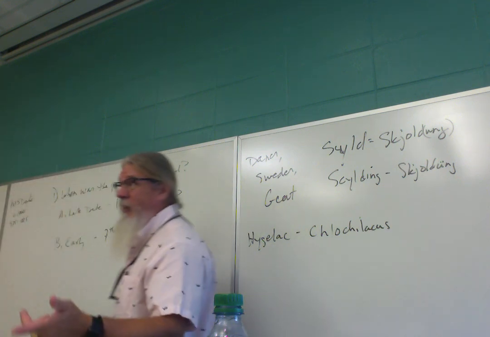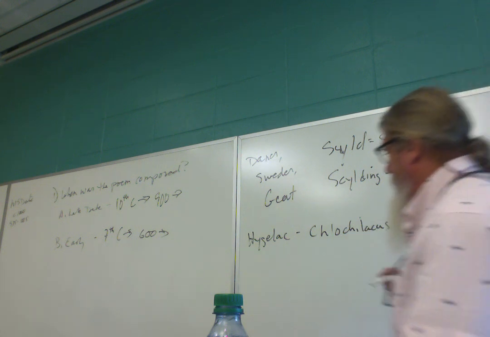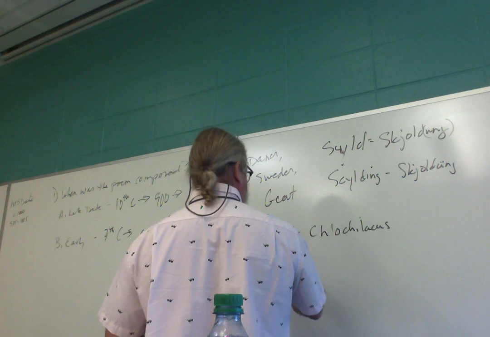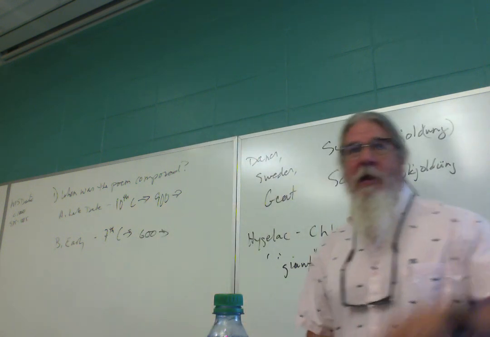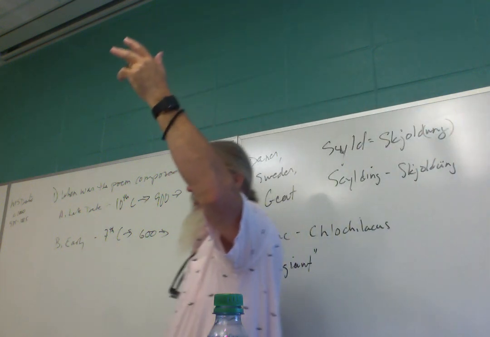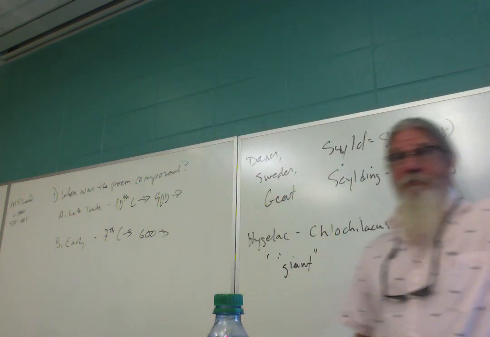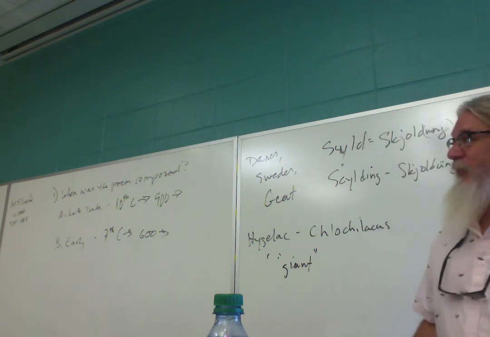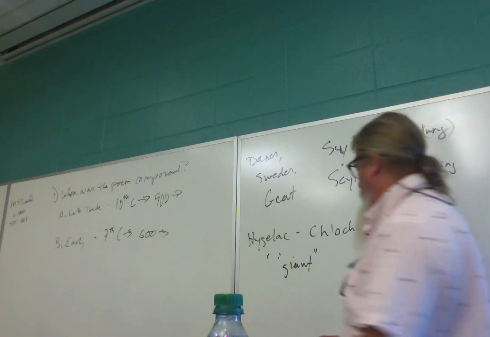Because one of the interesting things about Hygelac, according to the historical accounts, is that he was, for all intents and purposes, a giant. Not a Hagrid giant, but like Shaquille O'Neal giant. 7 feet tall, 8 feet tall. Because one of the things that's described is the length of his thigh bones.